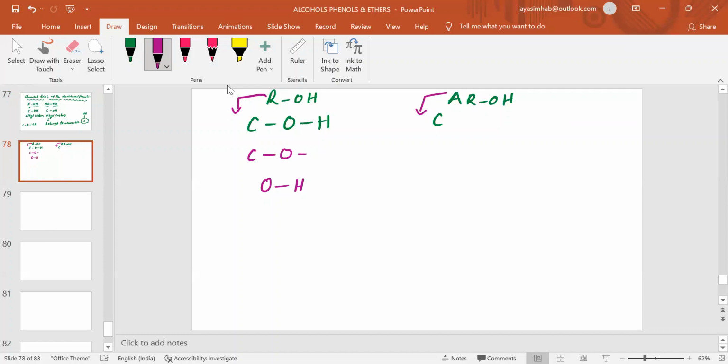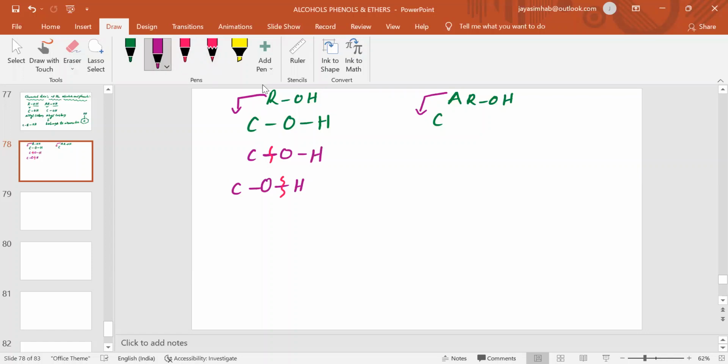This is one prominent bond, where the alkyl group is attached to the carbon. Another is where oxygen is attached to the hydrogen, right? Here, this bond as well as this bond.